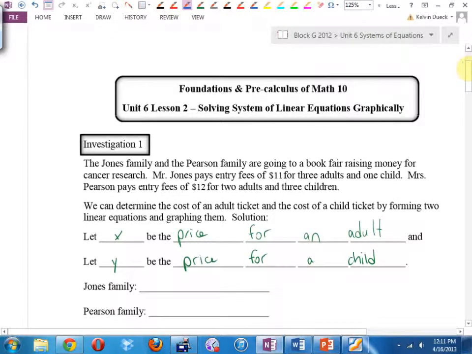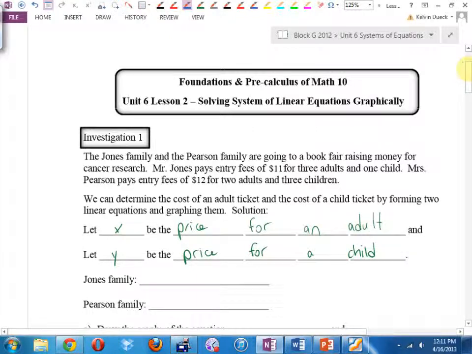And that means we can actually write an equation out of this. I'm telling you, we can. Nate, can you start reading for me the second sentence, starting with the word Mr. Mr. Jones paid entry fees of $11 for 3 adults. Stop. Instead of adults, what letter are we going to use? So how would you write 3 adults? 3x.